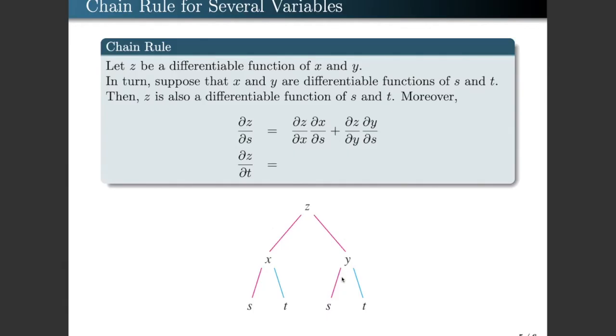Similarly, to formulate the partial of z with respect to t, we again consider the paths that start from z and this time end in t. So we have this path here and this path here. So this will become the partial of z with respect to x multiplied with the partial of x with respect to t plus the partial of z with respect to y times the partial of y with respect to t.